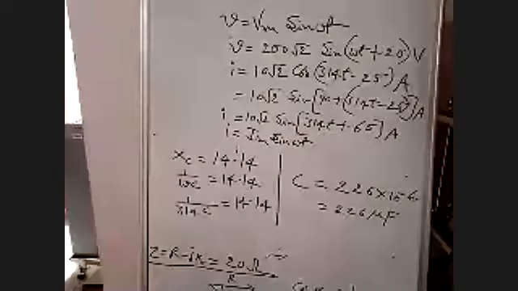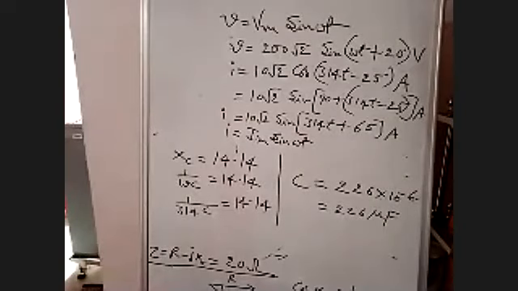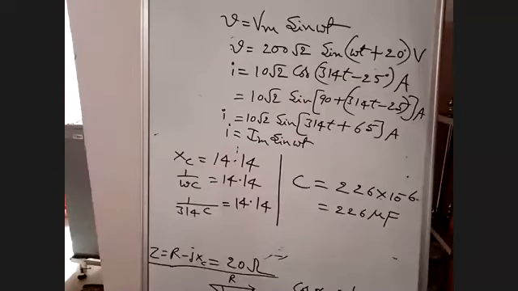Current. In yesterday's problem, is current leading or lagging? Lagging. Current is lagging the voltage in yesterday's problem. If current is lagging, that is an RL circuit. But today, the current is leading the voltage. That's why it is an RC circuit today. That is the difference.